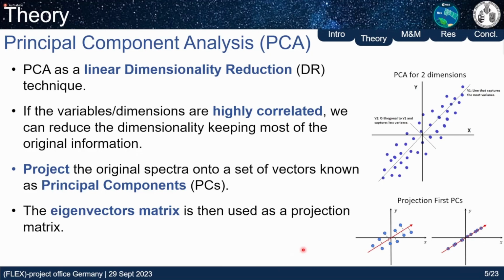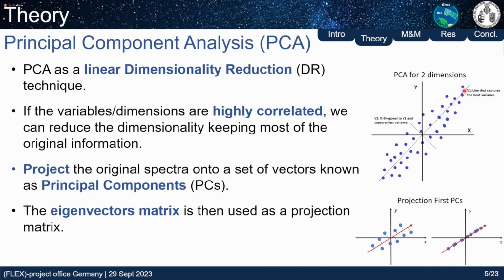For instance, here in this graph, we have a two-dimensional graph of many points. In this case, these two variables are highly correlated, and we can rotate the coordinate system to obtain V1 and V2. These are the principal components of the PCA.